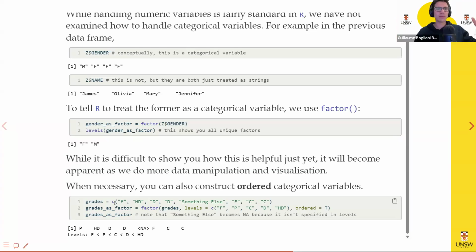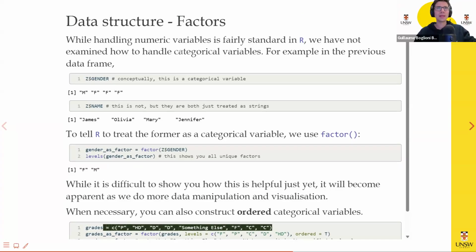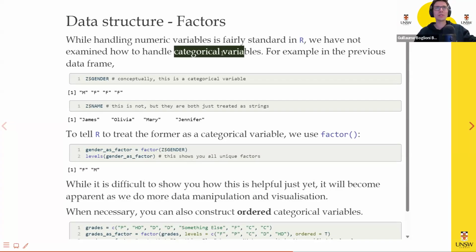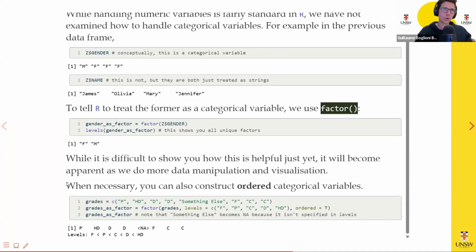So, for example, here, grades. If I create the grades of my people as just this, a string, it's just going to be a string of characters. So declared like that, R doesn't know that it's a factor, doesn't know that it's a category. And here, sorry if I use the word factor and category interchangeably, it's just that in common language, in statistics, often we say categorical variable, but then R has this keyword factor to create a categorical variable. But anyway, grades as factor.